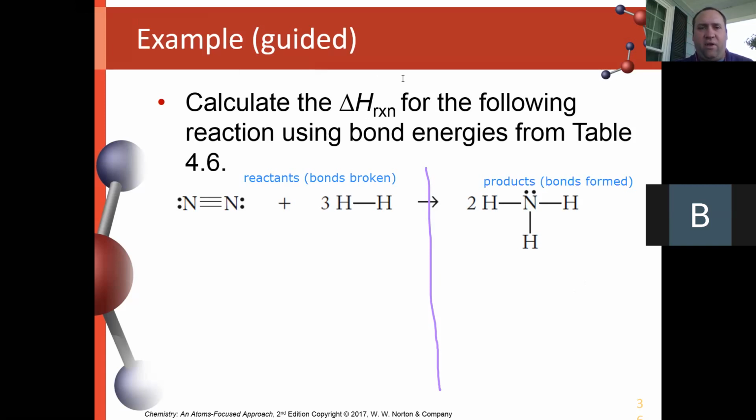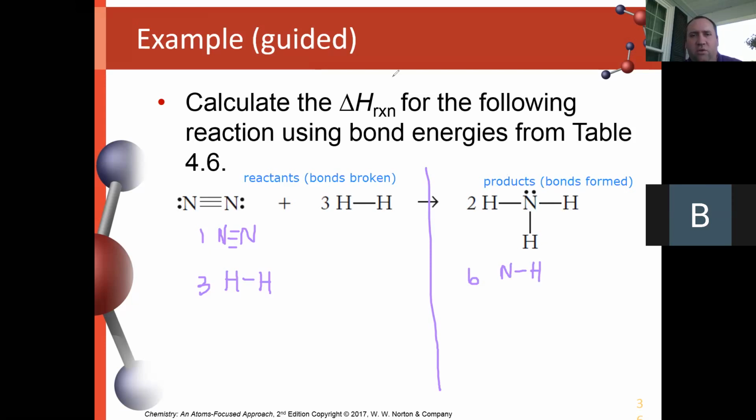I have one nitrogen to nitrogen triple bond, and I have 3 hydrogen to hydrogen single bonds. On the product side, I'm making 2 ammonias. Each ammonia has 1, 2, 3 nitrogen to hydrogen single bonds. So on this side, I have 6 nitrogen to hydrogen single bonds.